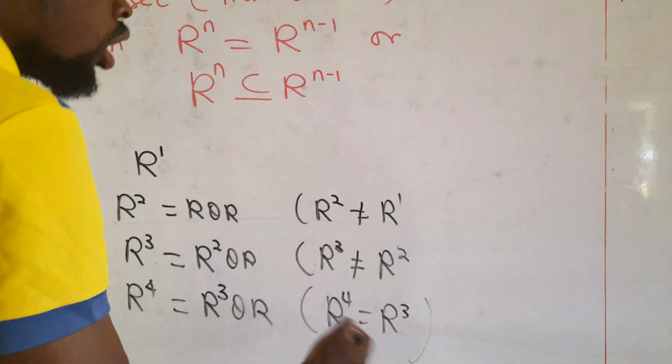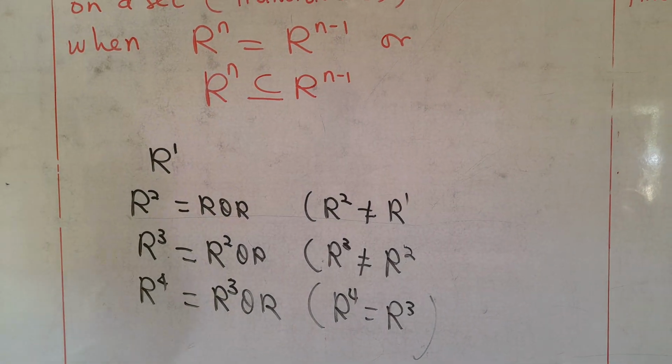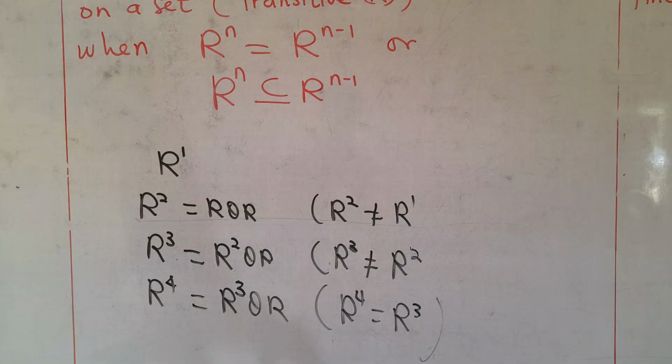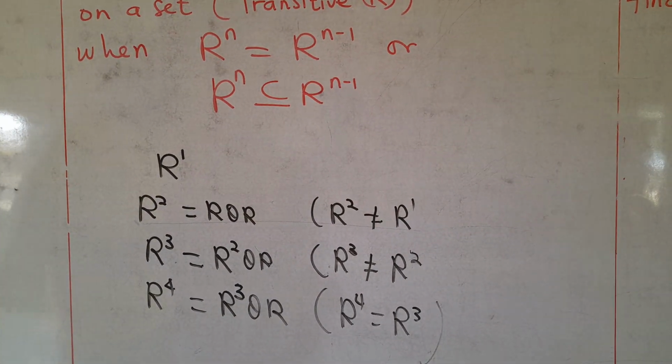If it is equal, then R exponent 4 is the transitive closure of R. If it is not equal, you go further like that until you get a relation that is equal.